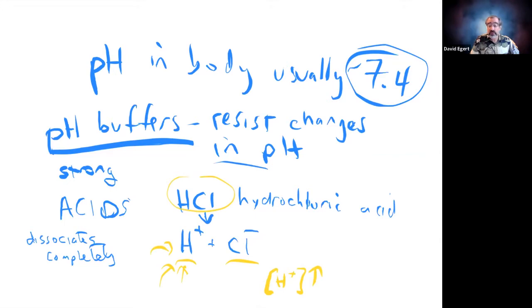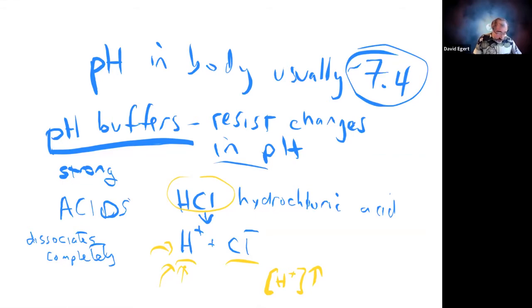There's lots of different acids that do this. When they go into water, they dissociate and release free H pluses, and those H pluses then make the pH go down or the acidity go up.